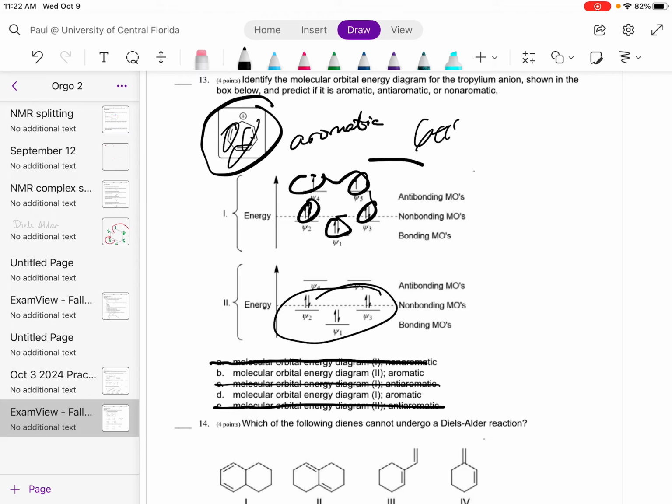So that leaves us with, let's see here, 2, 4, 6. So that would leave us with answer choice B.